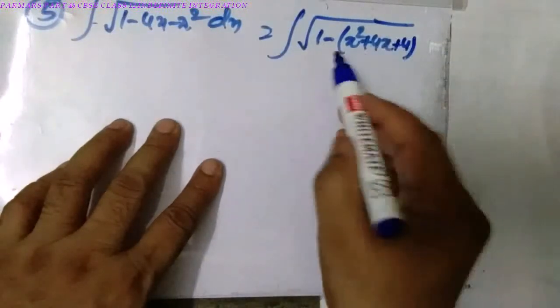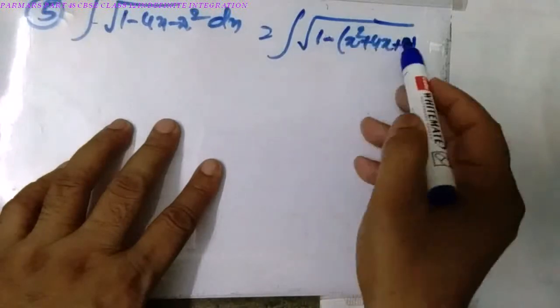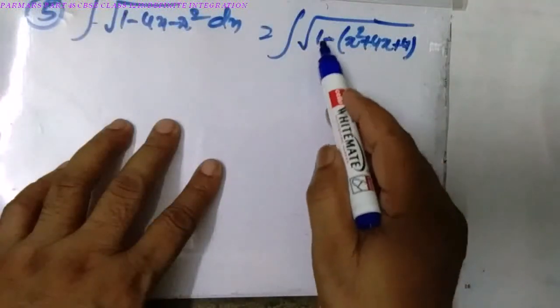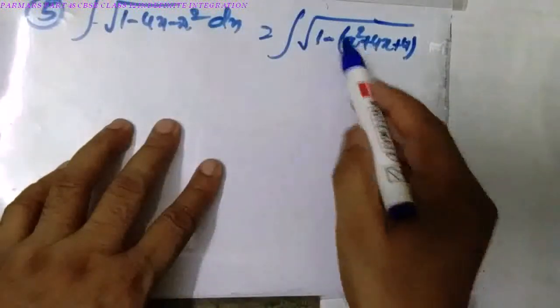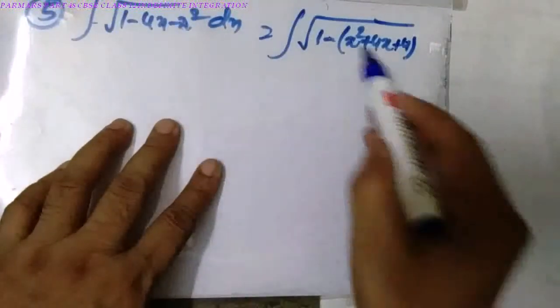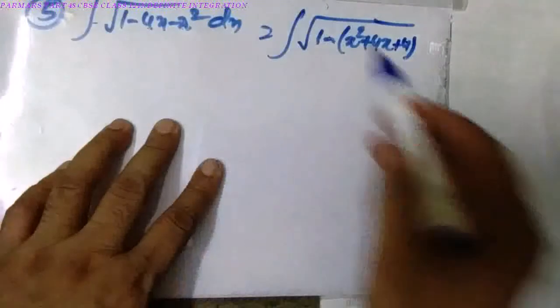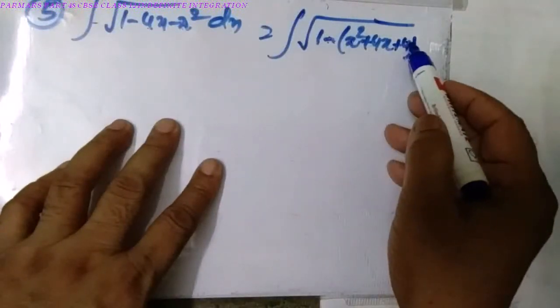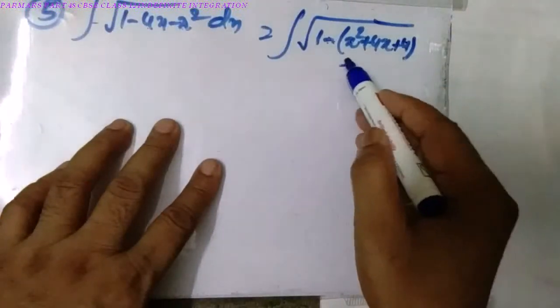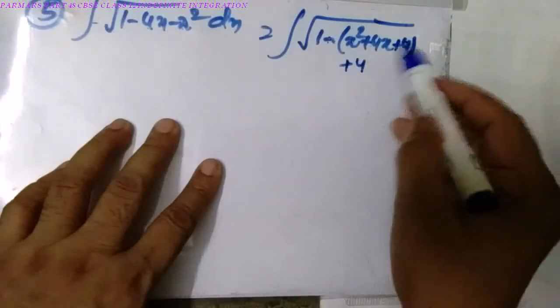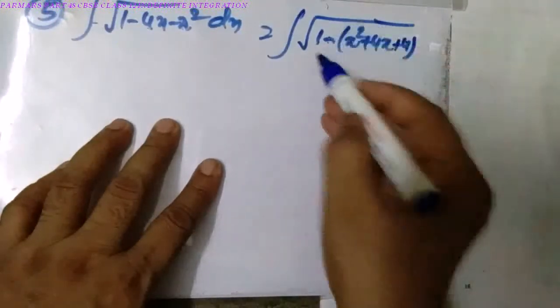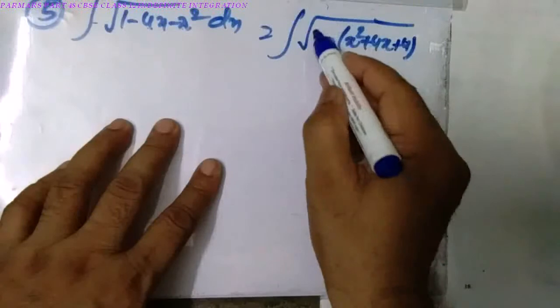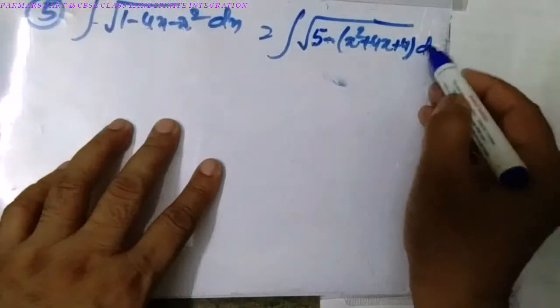You just think about that. This is minus 4. So in this whole expression, I have 1, minus x square, minus 4x, but one more thing is minus 4. So to adjust, we should write down plus 4. So this plus 4 is added to make this quantity 5. Are you okay?